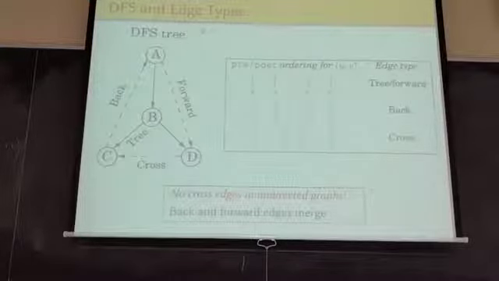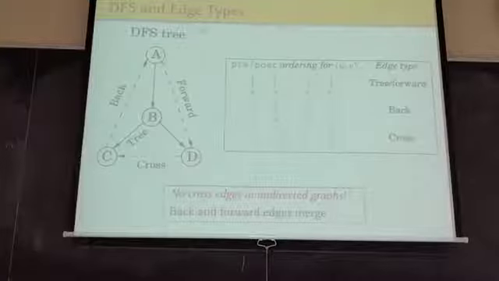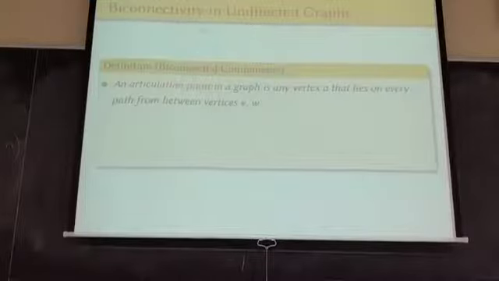We also talked about DFS on directed versus undirected graphs, and in undirected graphs you have 3 types of edges in the DFS tree, but the cross edges always go from right to left. This is something that we discussed, and I would expect you to remember.